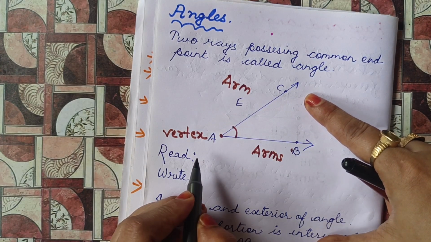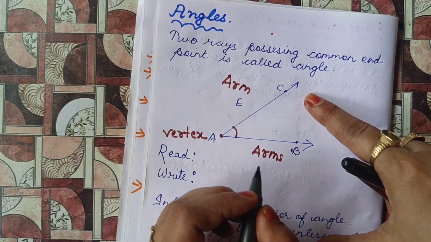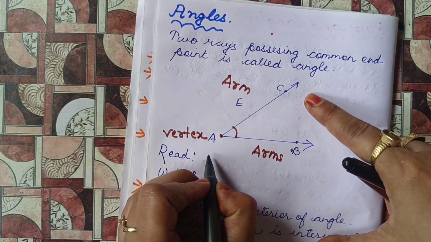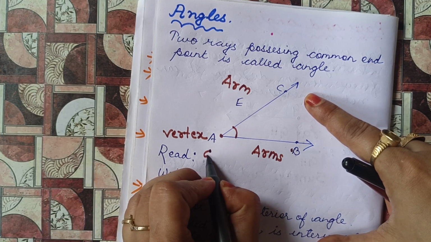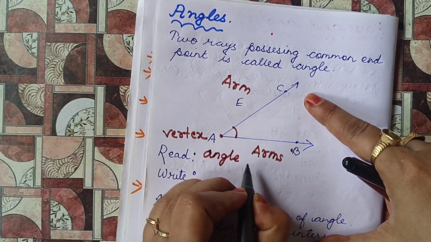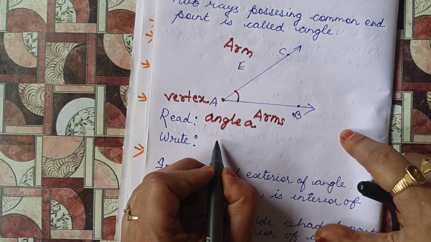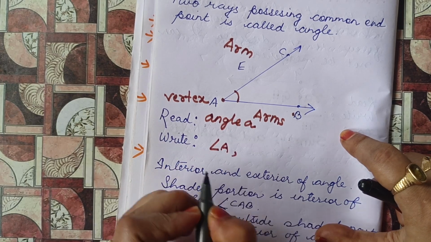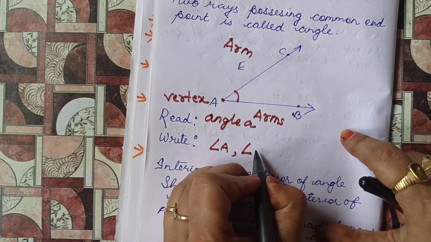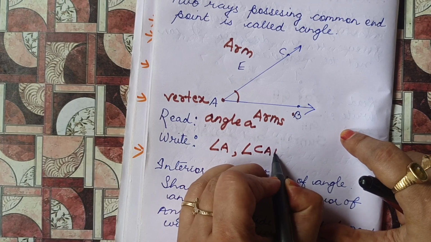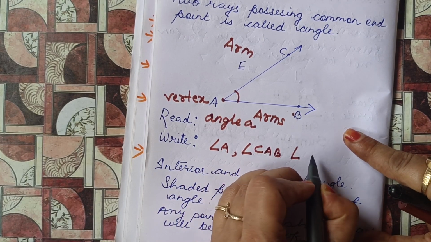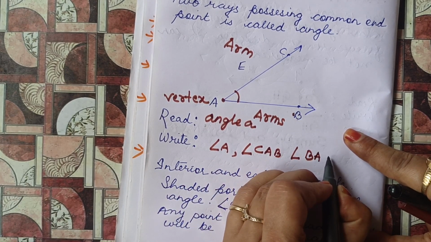Now, how do we read this angle? We read it as angle A, and we write it as angle A, or you can write it as angle CAB or angle BAC.